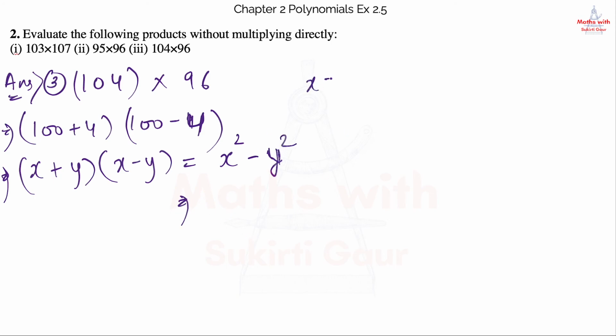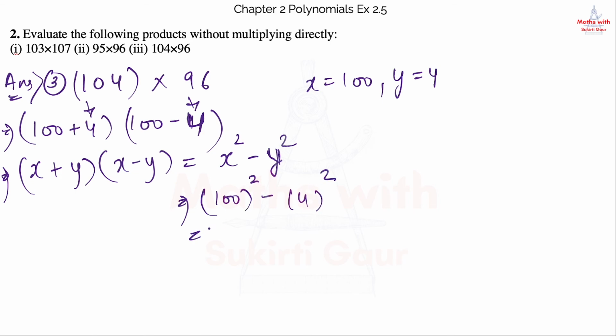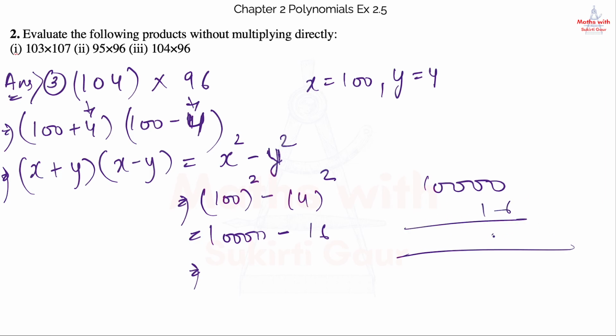Now, what is our x here? 100. And what is our y here? 4. I told you not to take the sign. We are only going to pick up y. x square is 100 square minus y square is 4 square. We have 10,000 minus 16. We have 9984.